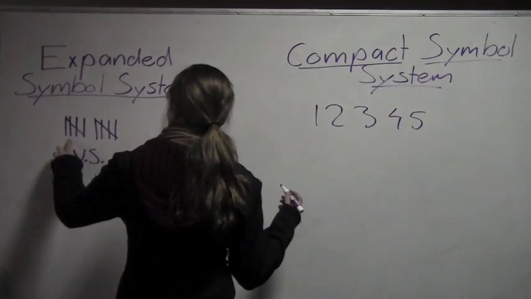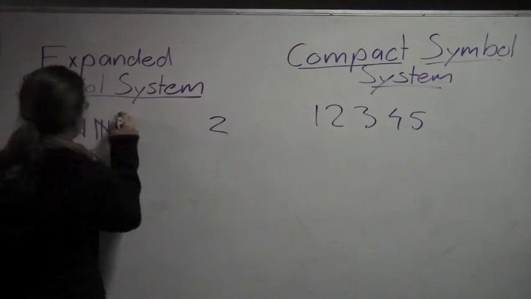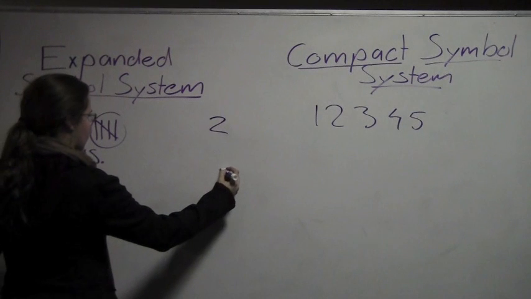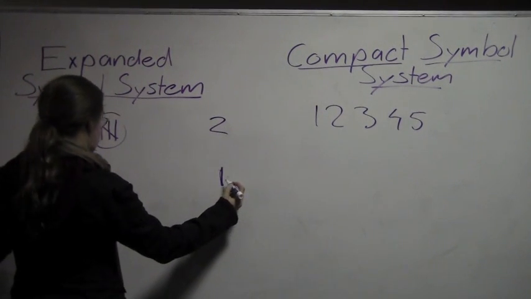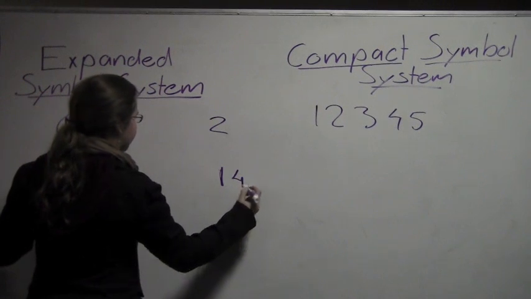So maybe we would write this 2 groups of 5, because there's 2. And then maybe we would write this 1 group of 5, and then 4 groups of 1.